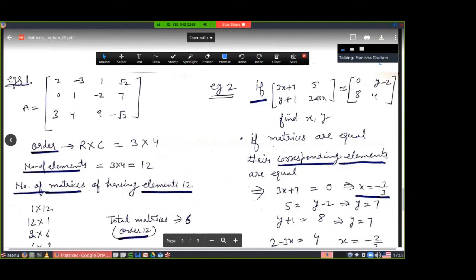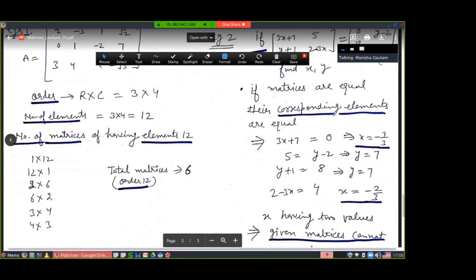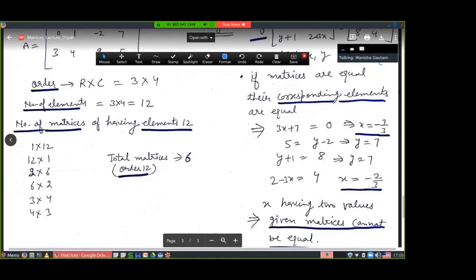When I put corresponding elements equal, I get 3x plus 7 equal to 0, 5 equal to y minus 2, y plus 1 equal to 8, 2 minus 3x equal to 4. Now you can calculate these 4 equations. You will get the value of x from the first equation, that is minus 7 by 3. From the second equation, y is equal to 7. From the third equation, again y is equal to 7. And from the fourth equation, x is equal to minus 2 by 3.